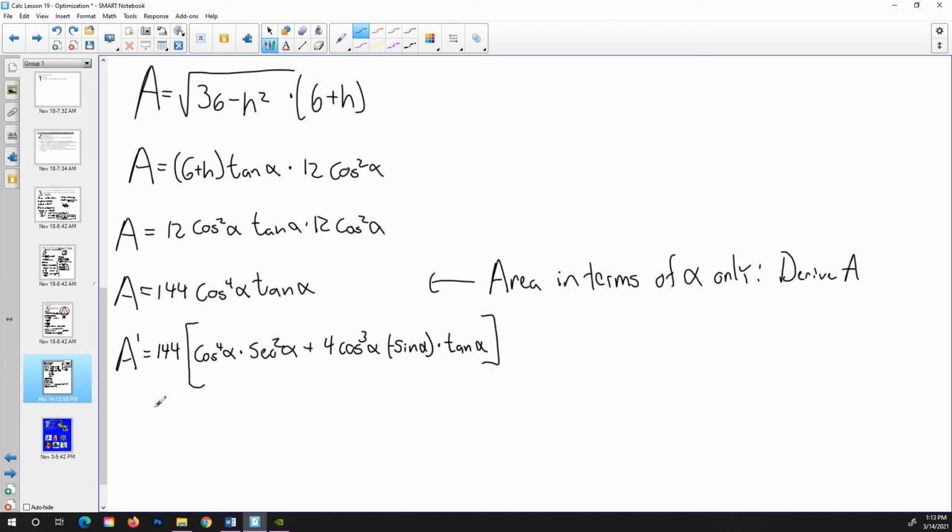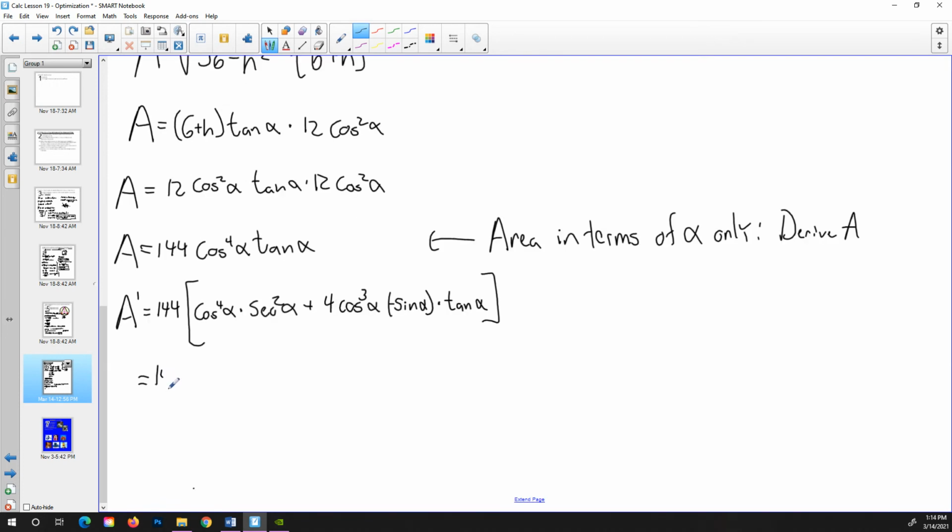Okay. So again, let's simplify a little bit here. I've got 144, and then it'll be cosine to the fourth alpha, and then secant is 1 over cosine. So secant squared alpha will be 1 over cosine squared alpha. Then I'll move this negative out, and I'll have 4 cosine to the third alpha times the sine of alpha times, now tangent is just sine alpha over cosine alpha.